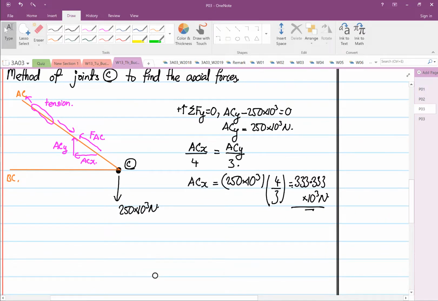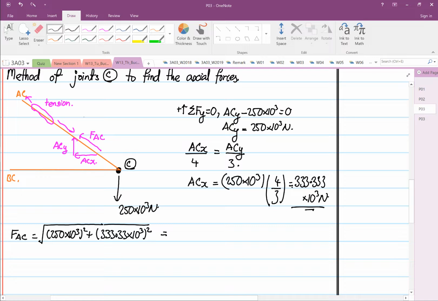So now once you can find your ACX, you can find your FAC, which is square root of 250 times 10 to the power 3 squared plus 333.33 times 10 to the power 3 squared.